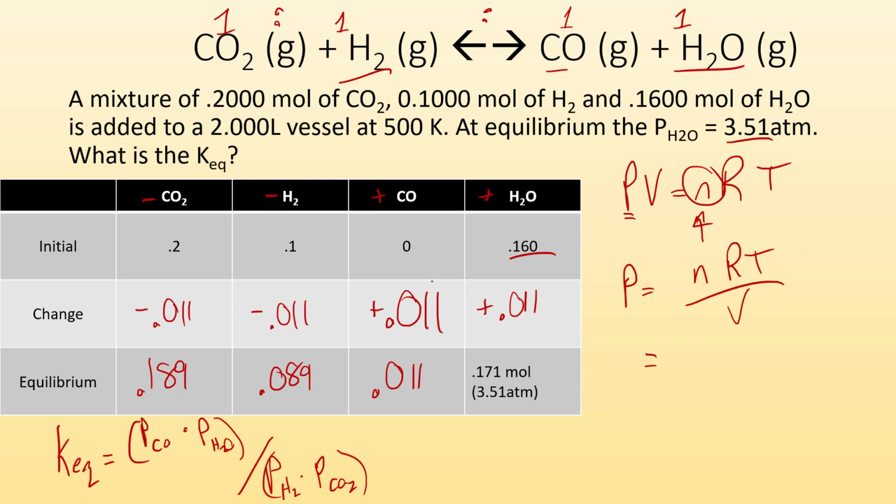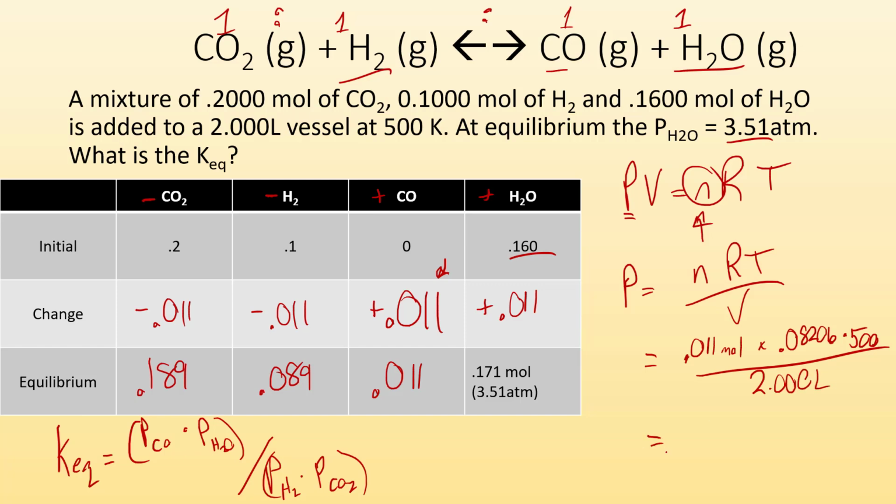So let's take a look at this for carbon monoxide, CO. Well, I have 0.011 moles. I'm going to times that by R, which is 0.08206, times the temperature of 500 Kelvin, all over the volume of 2.000 liters.